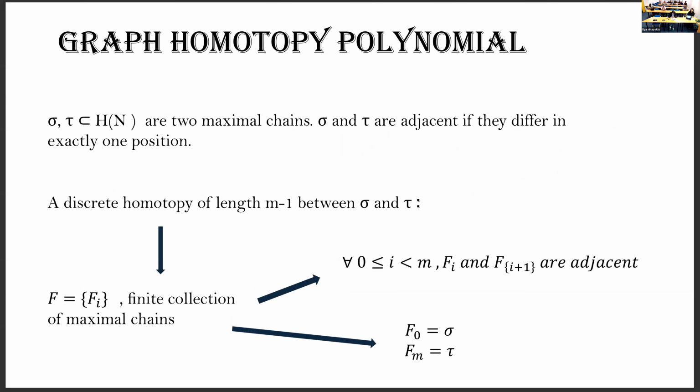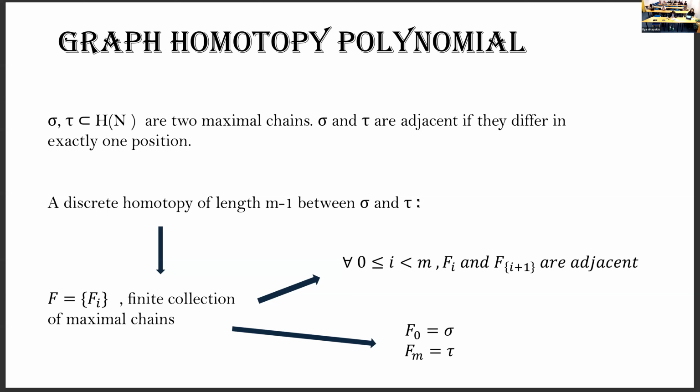Okay, so the next step people usually take is to find the distance between things once we create these structures. The distance defined in the paper, Brain Chains as Topological Signatures for the Spread of Alzheimer's Disease, is this: two maximal chains, sigma and tau, are adjacent if they differ in exactly one position.